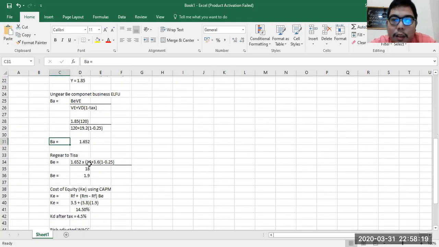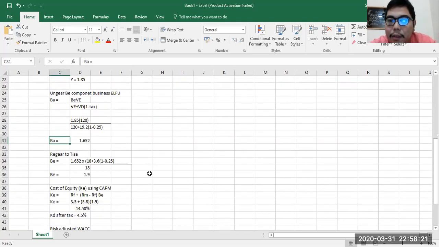You need to regear to TISA because currently we want to calculate for TISA. So you just play around with this formula. You want to calculate beta equity, so beta asset times VE plus VD times 1 minus tax, and then VE will come below, over VE. It's mathematics here.